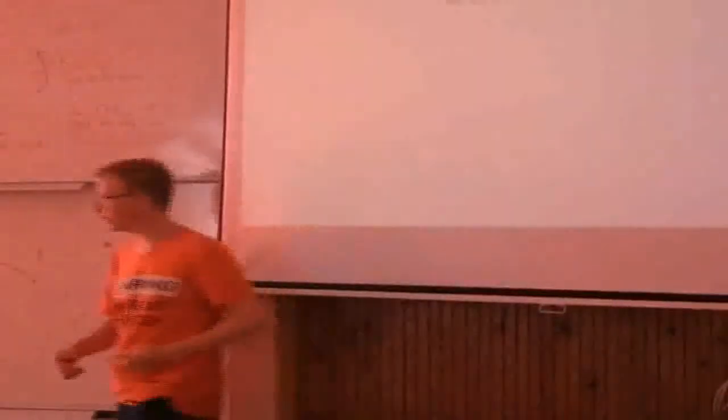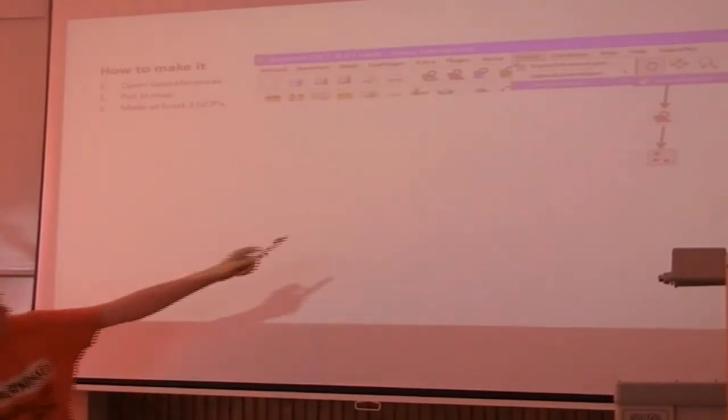Well, how to make it? You open Georeferencer. You first click that one, then that one, then that one. It's kind of easy. Then you put in a map with this button.